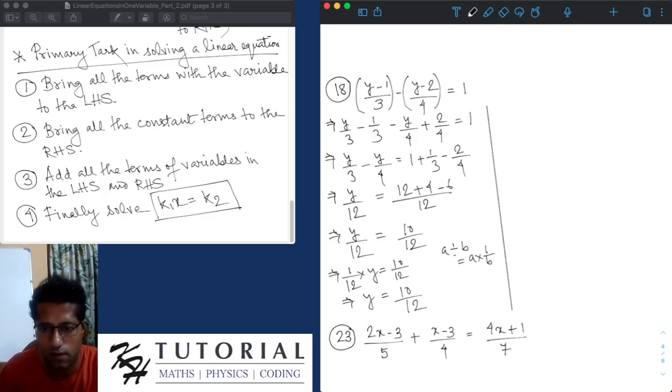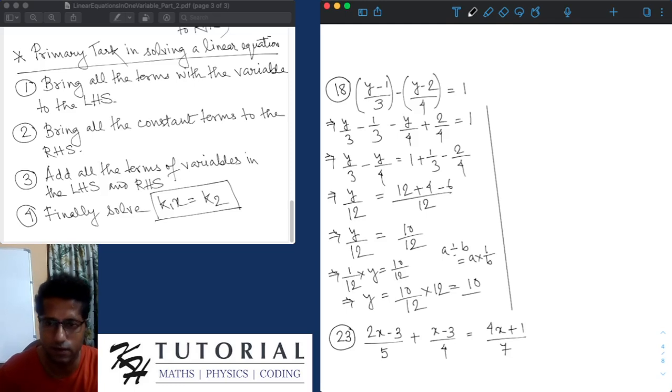So to find y, we have to divide 10 by 12 by 1 by 12. Dividing by 1 by 12 is nothing but multiplying by 12. So the solution is 10.